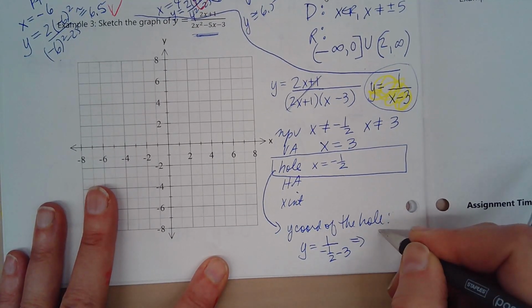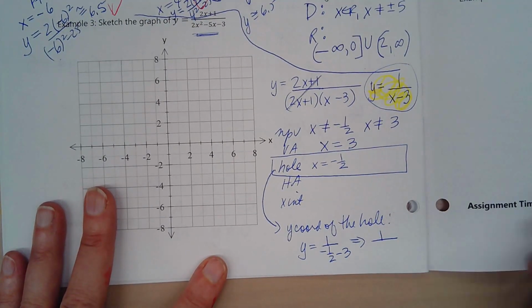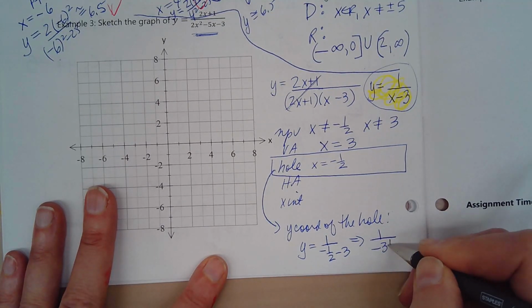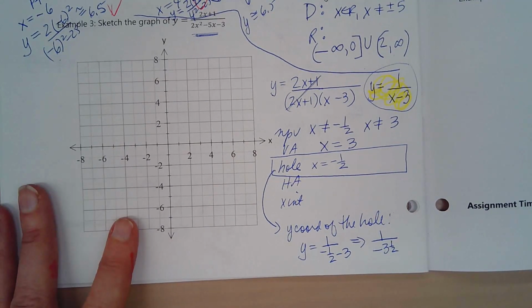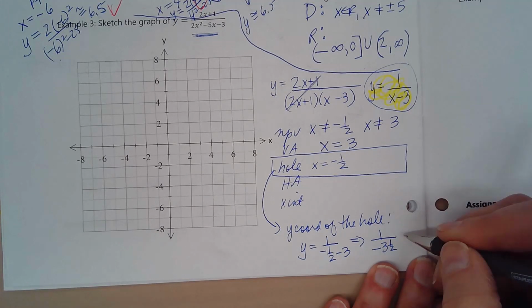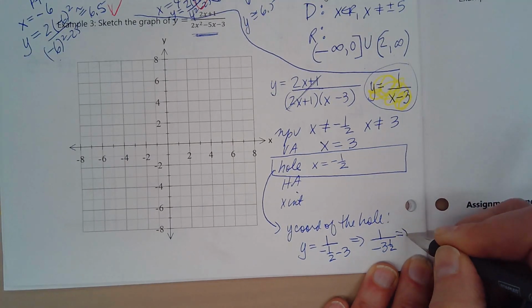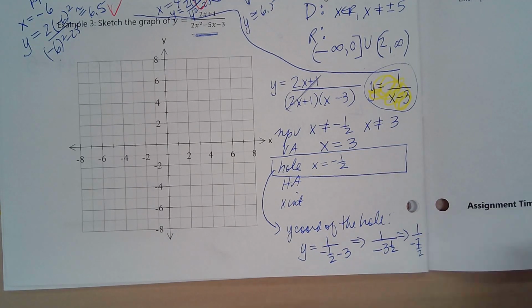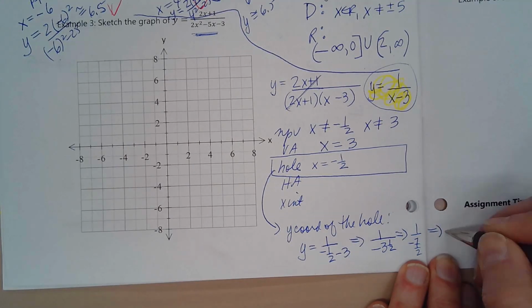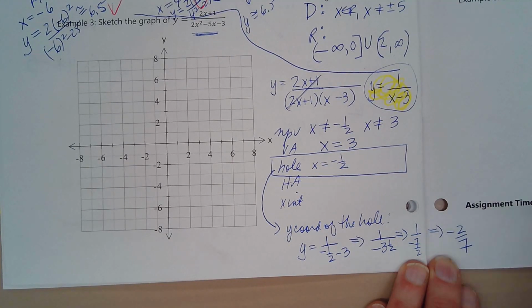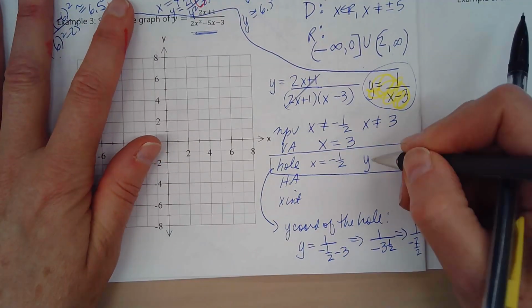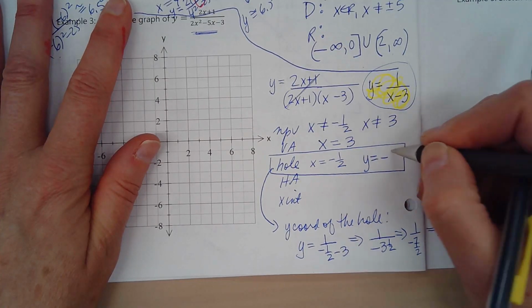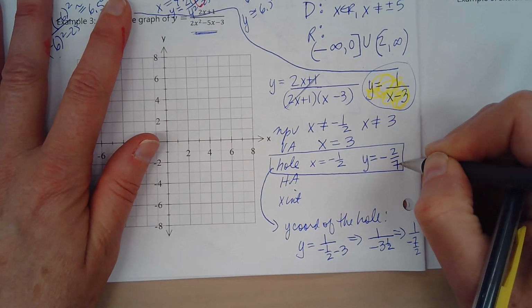So what does that equal? 1 over -3.5, I guess, which is 1 over -7/2. So 1 over anything, the fraction just flips, so that would be -2/7. So y equals -2 over 7.